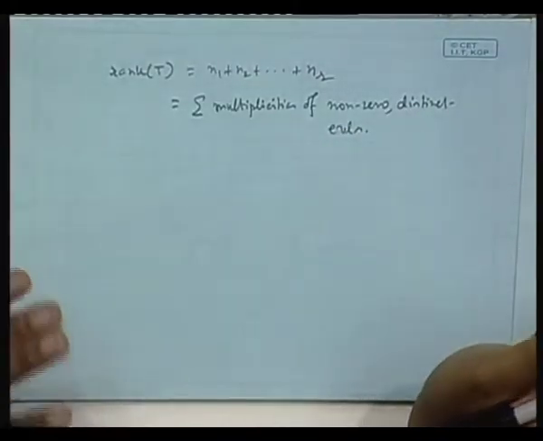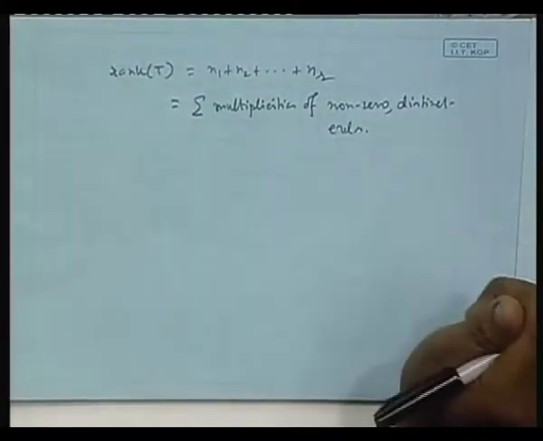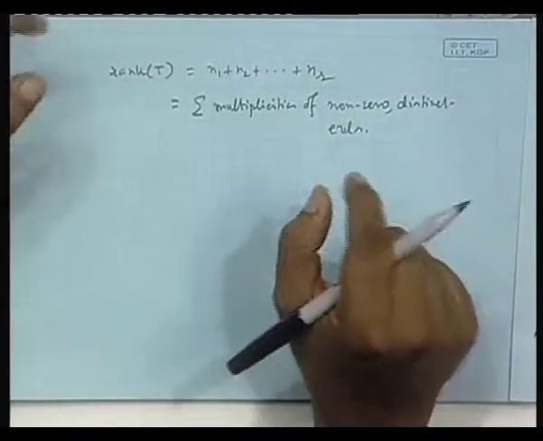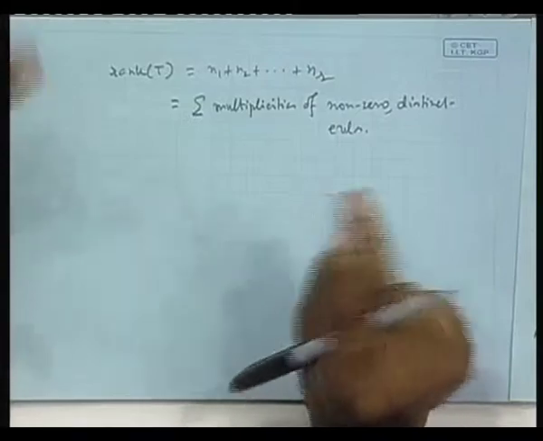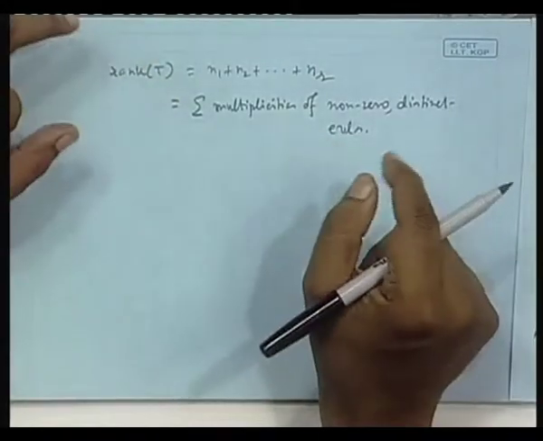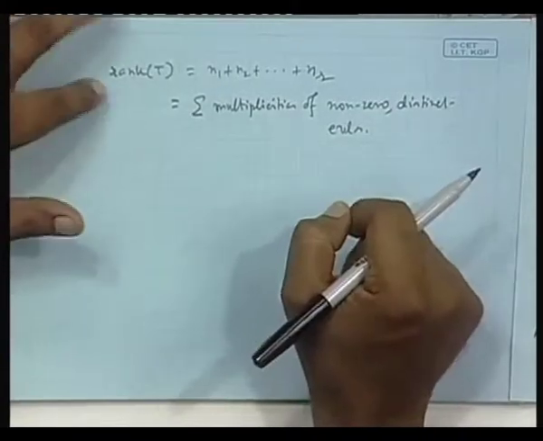This is the rank. So, find out what are the distinct eigenvalues and which amongst them are non-zero. Just pick up the non-zero distinct eigenvalues and find out their multiplicities, add the multiplicities, that will be the rank of T.